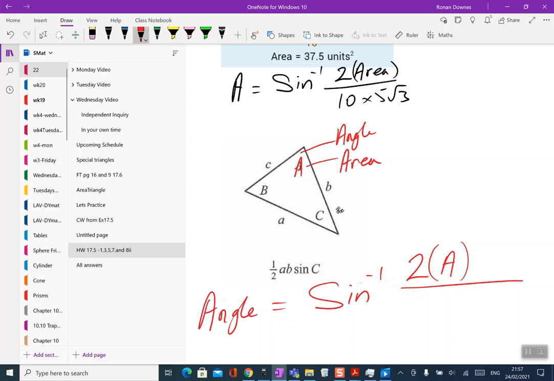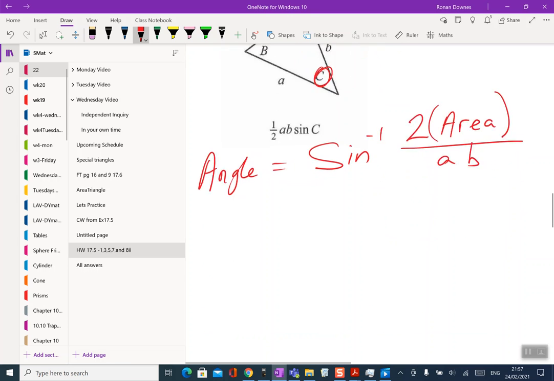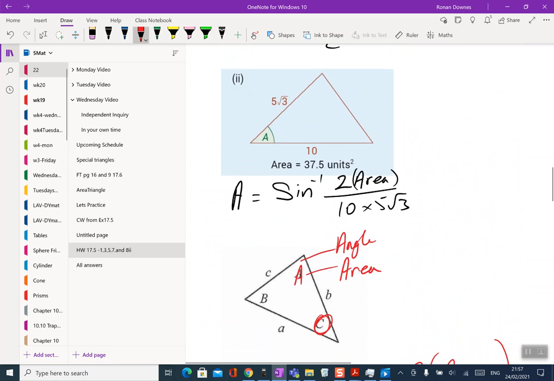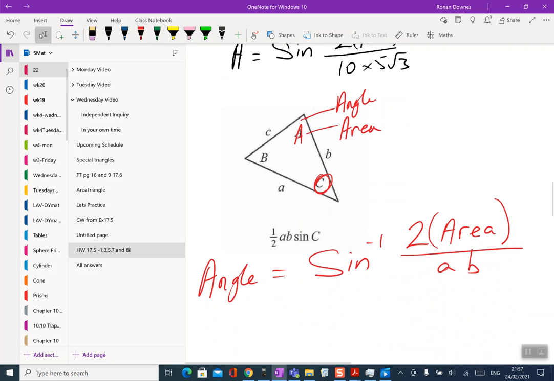We're getting this angle, but it's double the area over the cross product. Okay, that might make it clear. Just let me point out one other thing. This is an area and this is an area, and that makes sense because these must be like terms, otherwise it just wouldn't work.